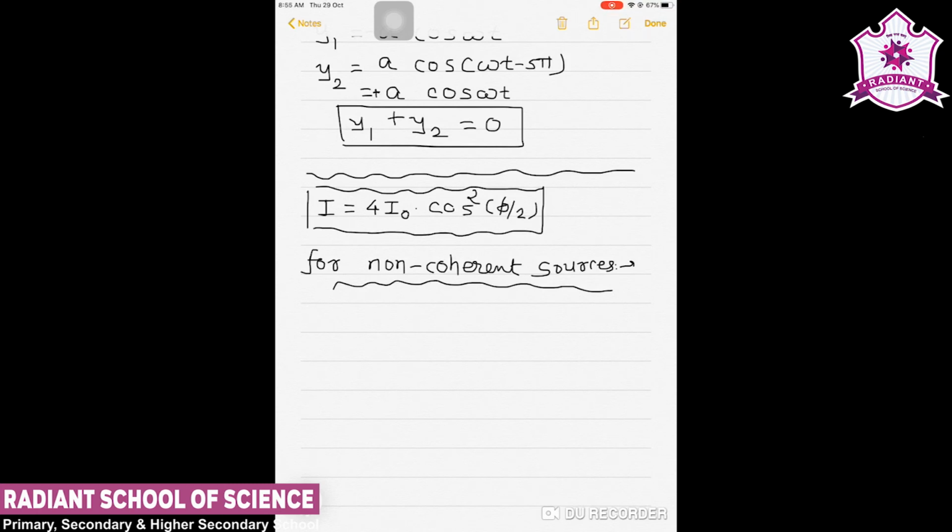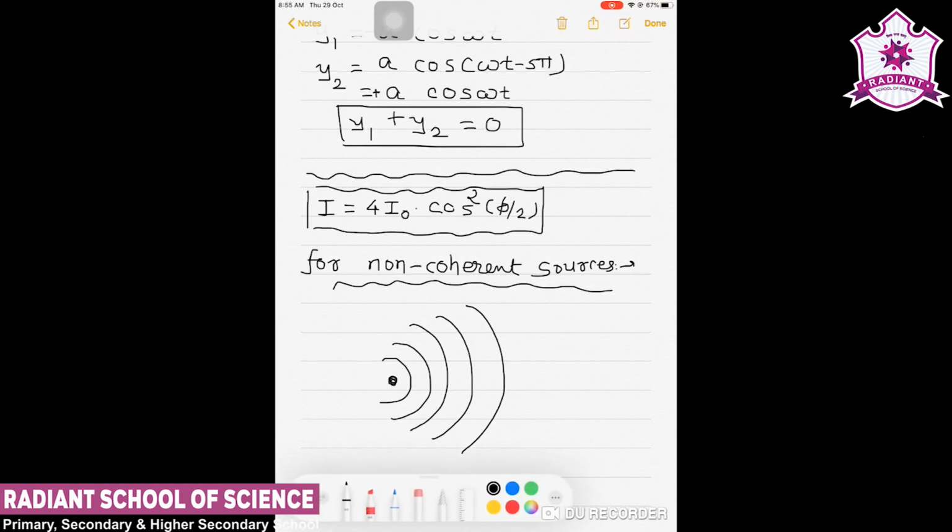Let me explain the case with one simple example. Say here I am considering one wavefront in the condition like this. At the same time, I consider another wavefront that is emerging from this small light with blue color.